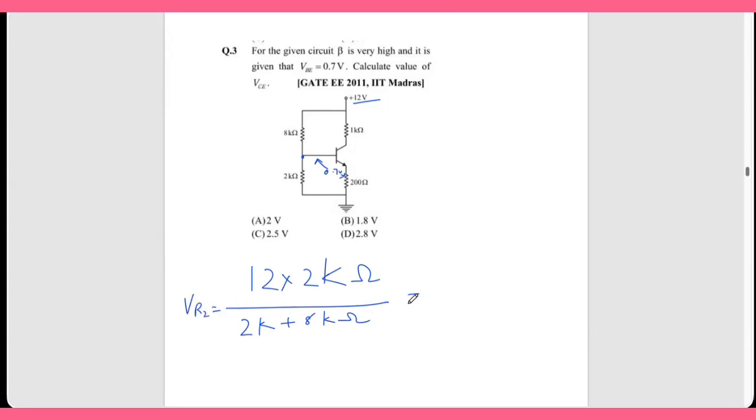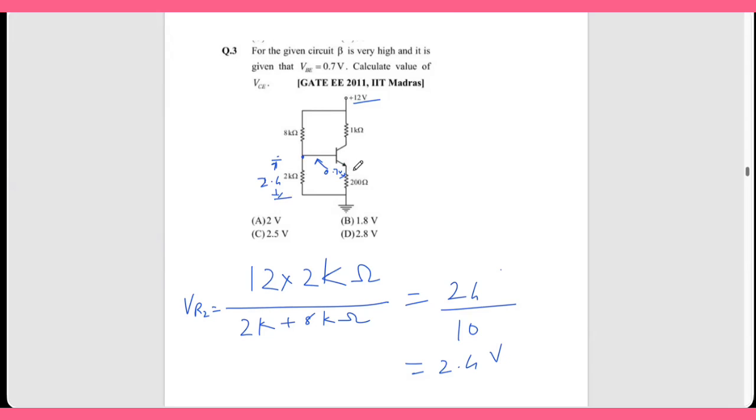So this is 24 divided by 10, which is 2.4 volt. 2.4 volt is the voltage here. This voltage is 2.4.